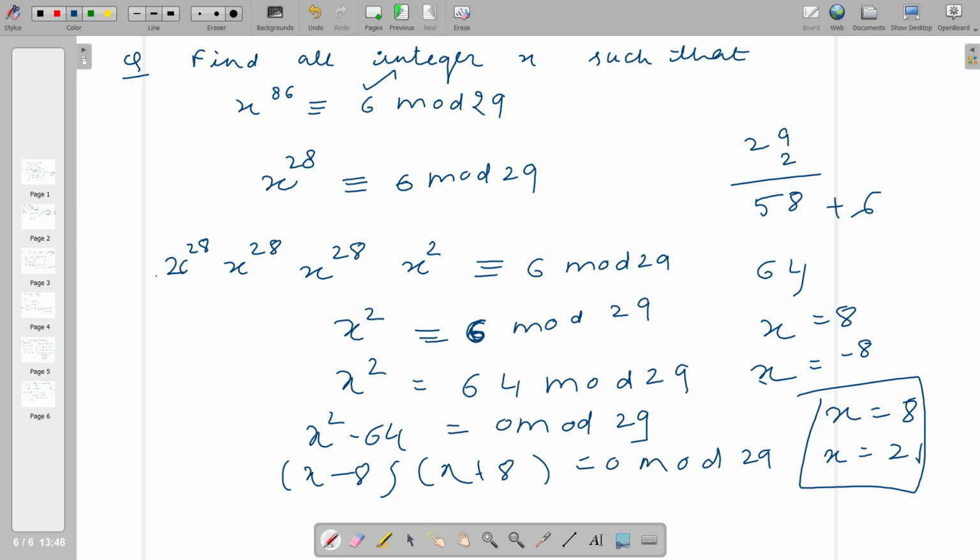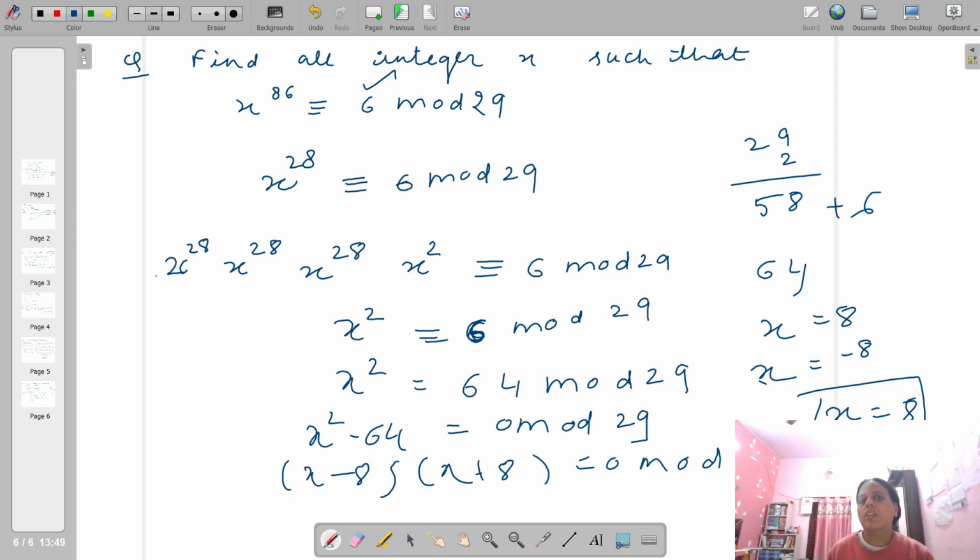So if we put it 0, x will be 8. If we put it 29, x comes out to be 21. So for two values of x, x to the power 86 will be congruent to 6 mod 29. So these are some examples of uses of Fermat's little theorem.